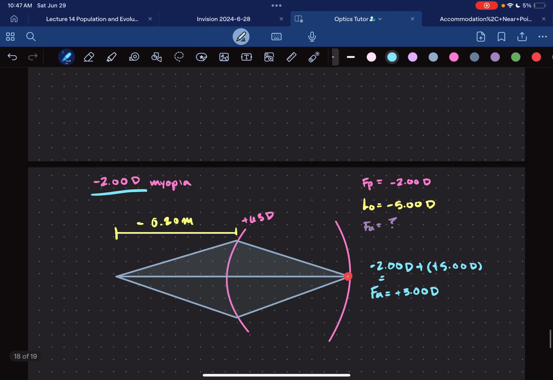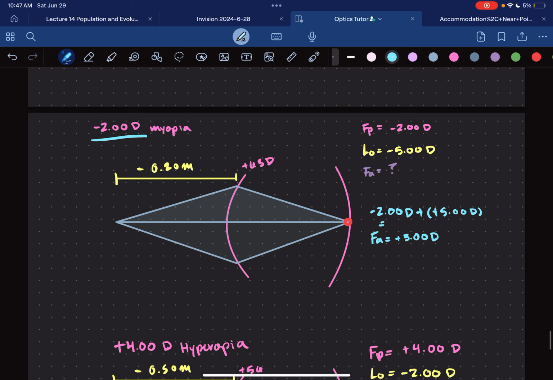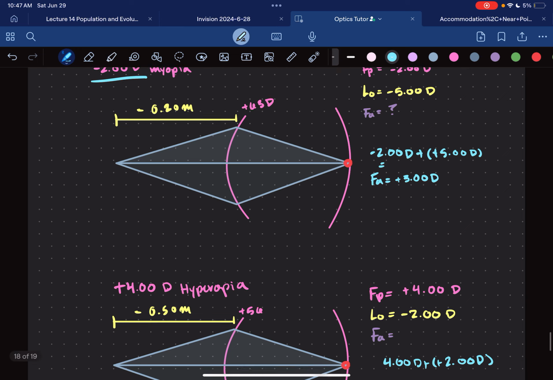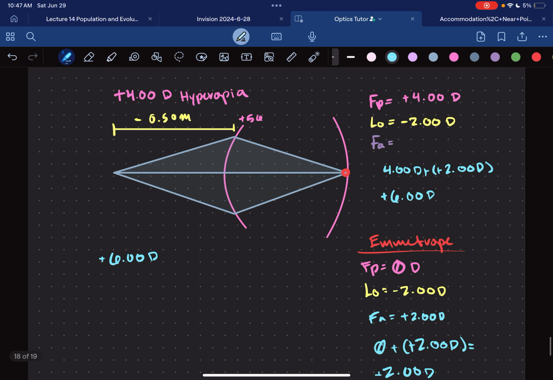And for a myope, I'm just going to minus their prescription. So conceptually, remember, myopes or nearsighted people can look at near a lot easier because they have to accommodate less. Hyperopes, it's harder to look at near because they have to accommodate more because they're farsighted.